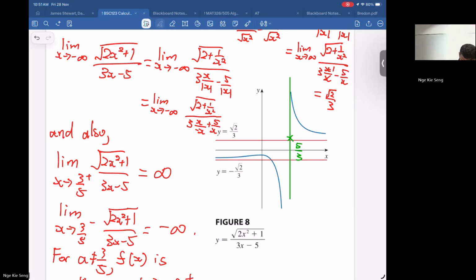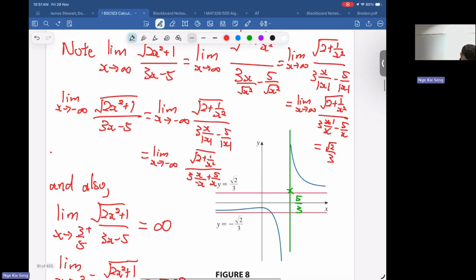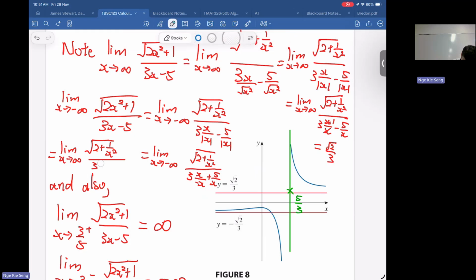Very good. Let's write it here. 2 plus, my x times x over minus x, minus 5 over x.